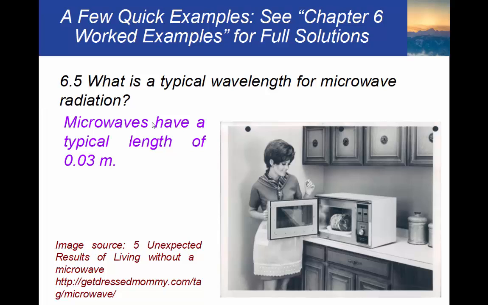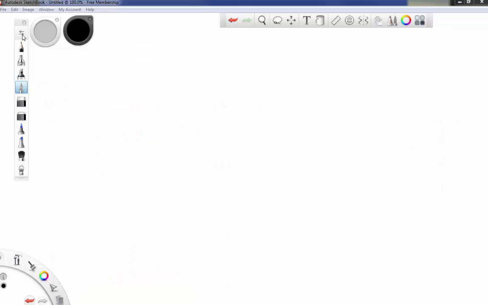So an order of magnitude estimate gives that a microwave has a typical wavelength of 0.03 meters, 3 centimeters. For what it's worth, I went and looked at the back of the microwave that I have sitting in my office, and it says that it operates at a frequency of 2,450 megahertz.